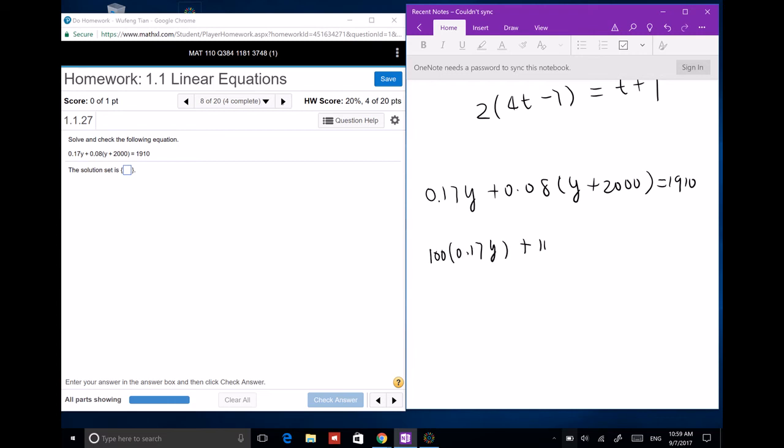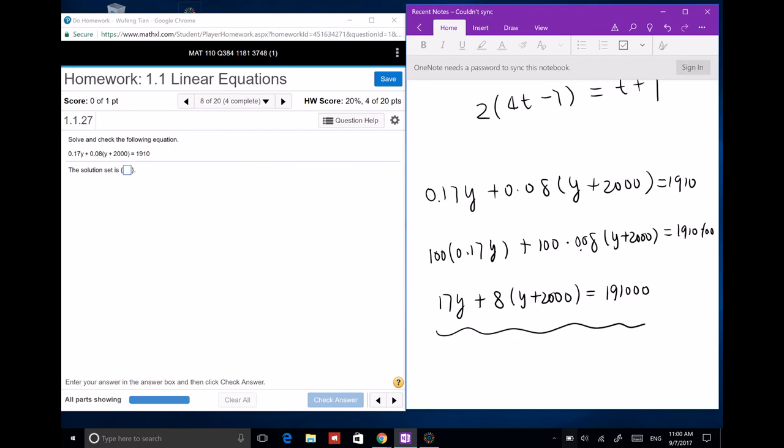The reason I multiply by 100 is because I can get rid of the decimals. Then you have 17y plus 8y plus 2000 equals 191,000. Okay, then this is a regular equation. No decimals, no fractions.